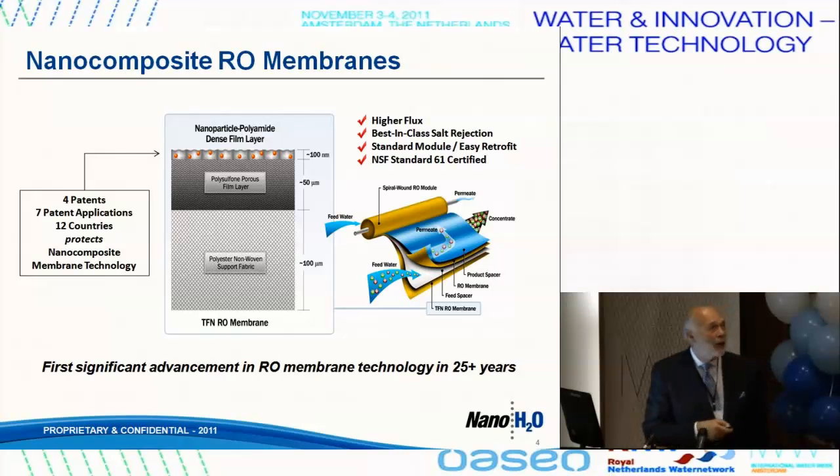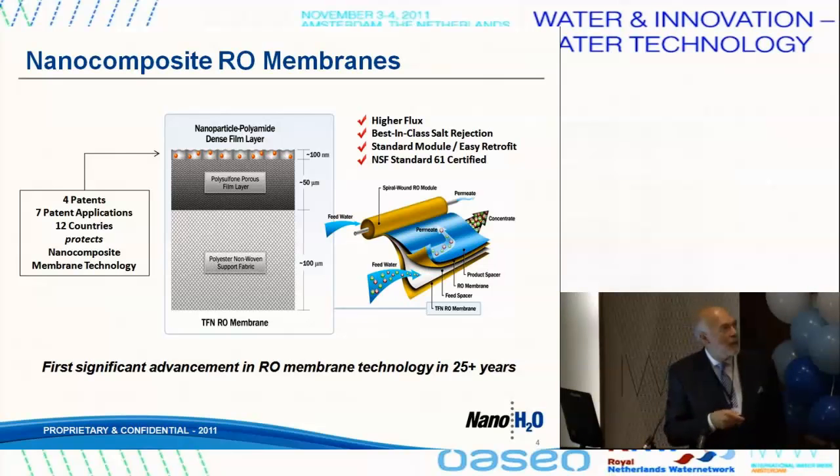It's roughly 100 microns thick. Everybody buys it from one of the major manufacturers. There's one in the United States, most of the rest of them are in Japan, and all of the major reverse osmosis membrane manufacturers buy this non-woven polyester.